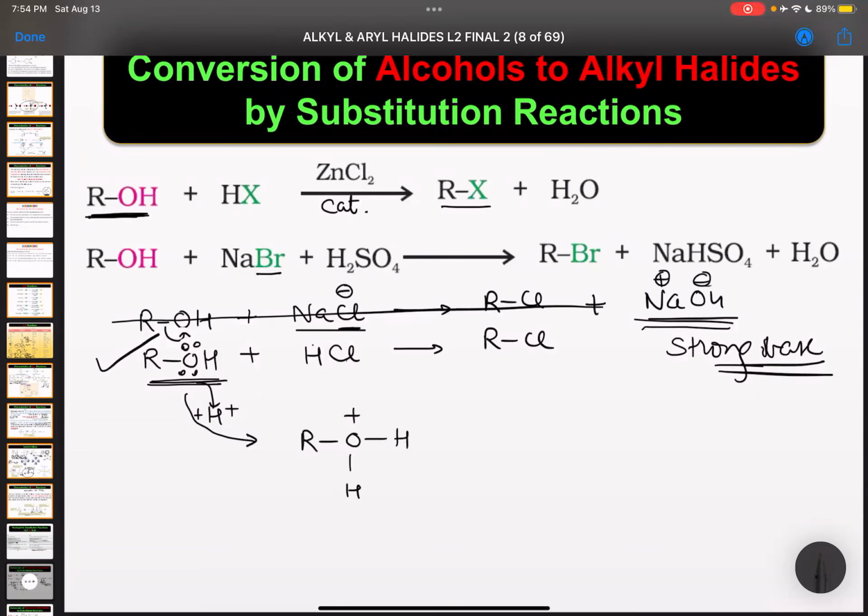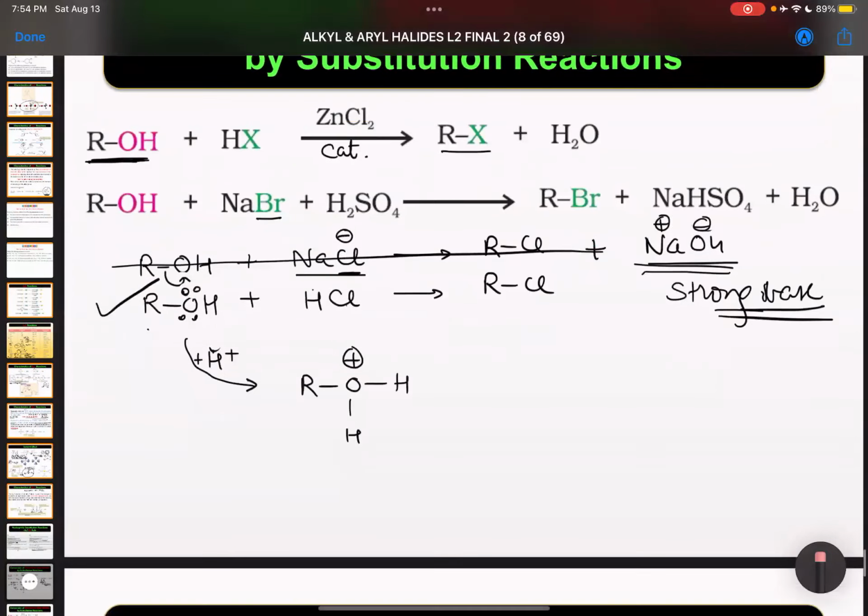So what has it become? Oxonium ion. Earlier we were ruling out the separation of OH minus, but now, after protonation, this step is known as protonation of OH. It happens in acidic medium.